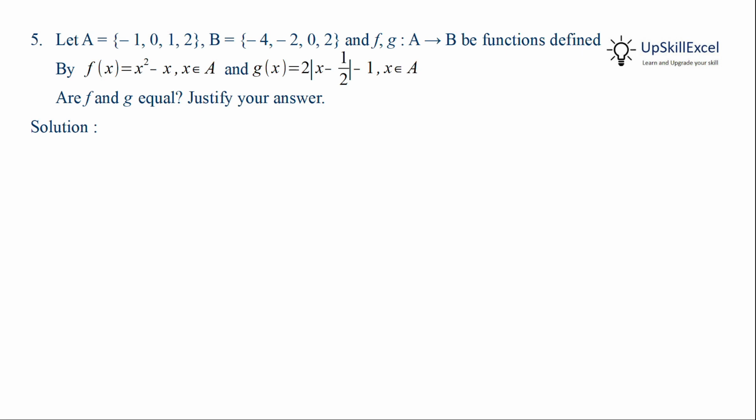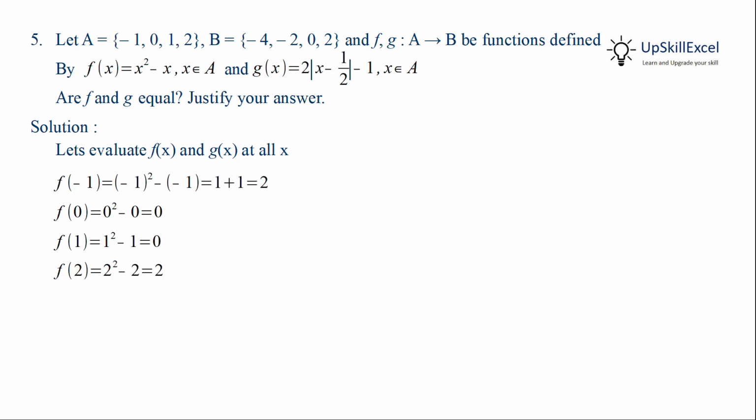Given two sets A and B and functions f and g defined by f of x equal to x square minus x and g of x equal to 2 multiplied by the absolute value of x minus half, minus 1. We have to check whether f and g are equal. Let's evaluate f of x and g of x at all x.